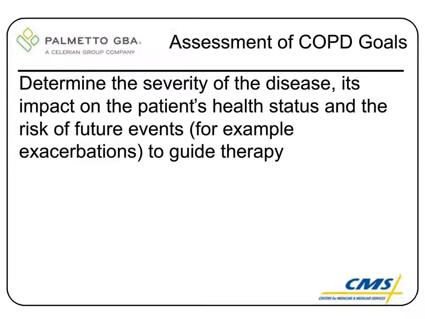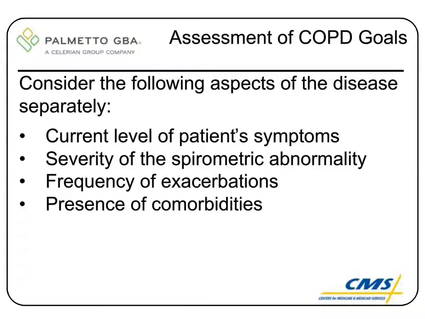Assessment goals: you want to determine the severity of the disease, its impact on the patient's health status, and the risk of future events, for example, exacerbations, to guide therapy. Consider the following aspects of the disease separately: current level of patient symptoms, severity of the spirometric abnormality, frequency of exacerbations, and presence of comorbidities.